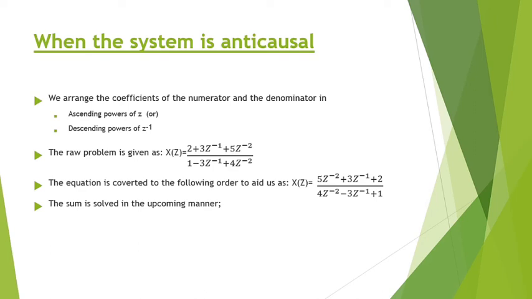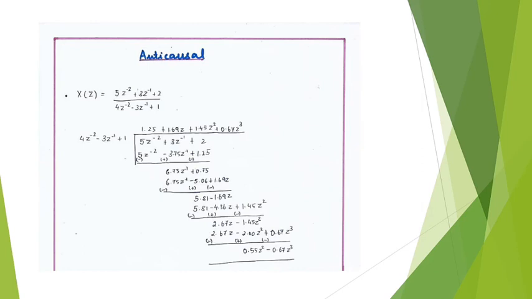After rearranging, we get x of z equal to 5z to the power minus 2 plus 3z to the power minus 1 plus 2, divided by 4z to the power minus 2 minus 3z to the power minus 1 plus 1.